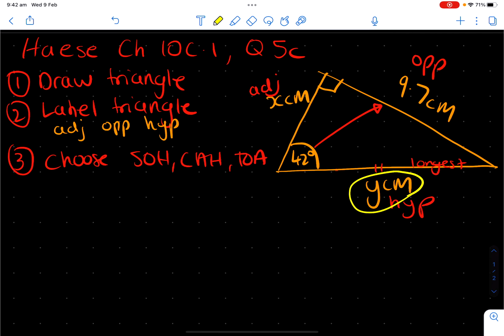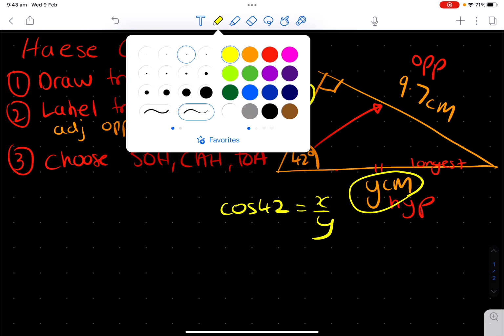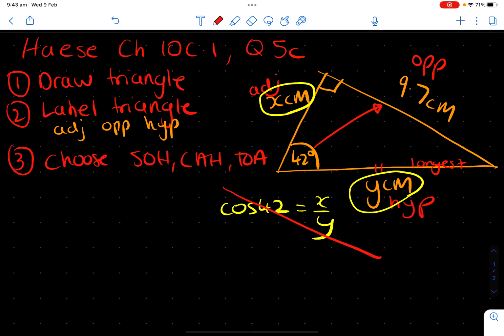We're not going to choose y and x because we cannot solve them at the same time. So I don't want to see sine 42 equals, I don't want to see cosine 42 equals x over y. So don't do this.